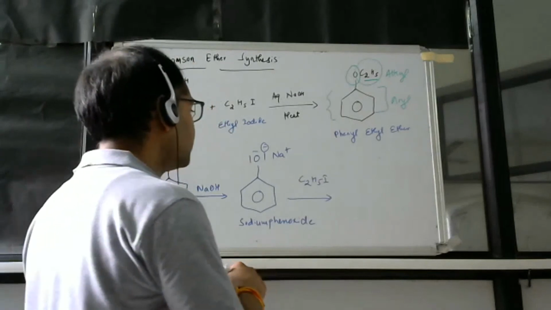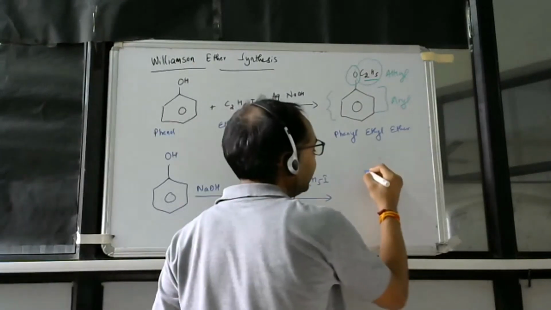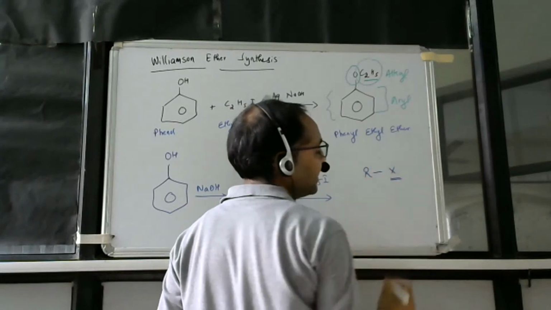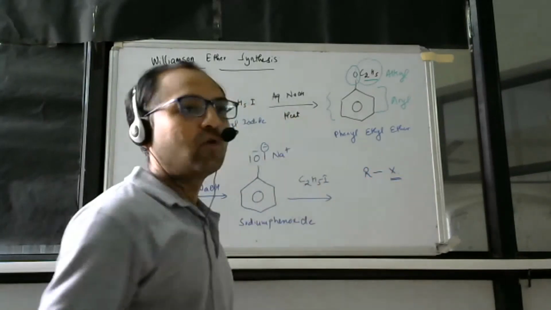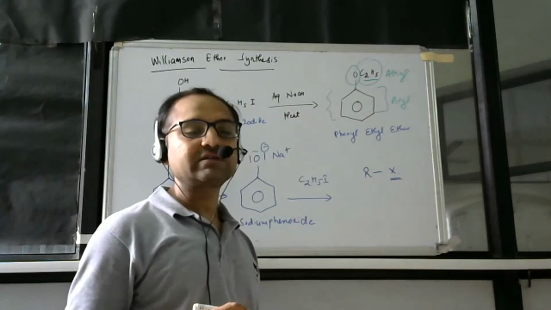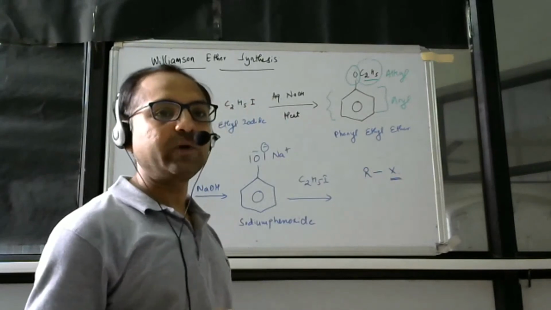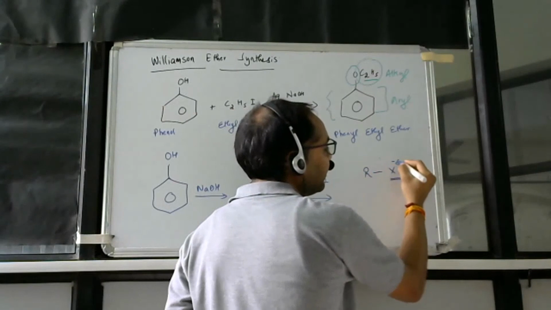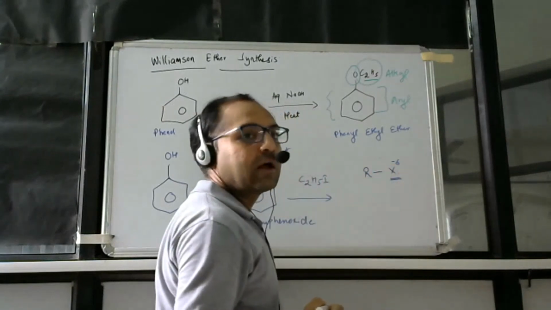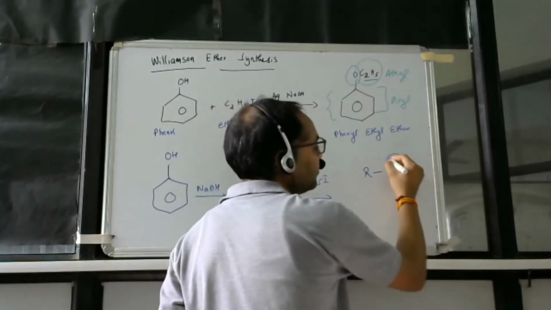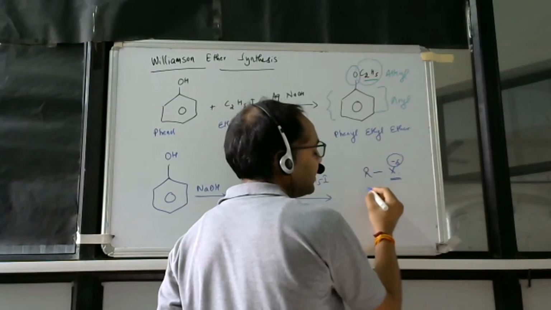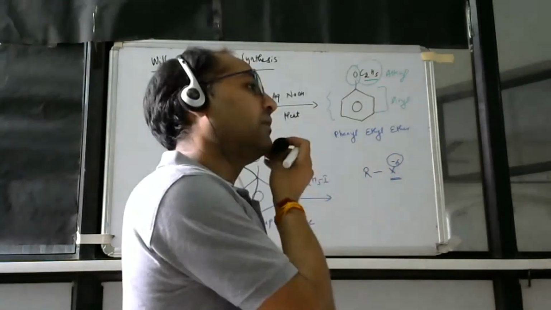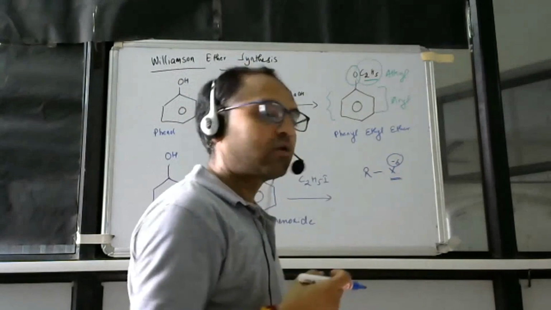So as you know, alkyl halide, so R and X. X means the halogens, and you all know that all halogens are highly electronegative in nature. So due to electronegativity, that will produce partial negative charge on halogen, as per the definition of electronegativity, it is the power to attract the electron.